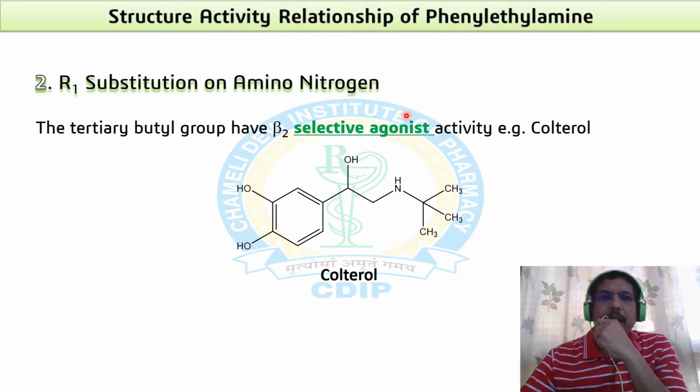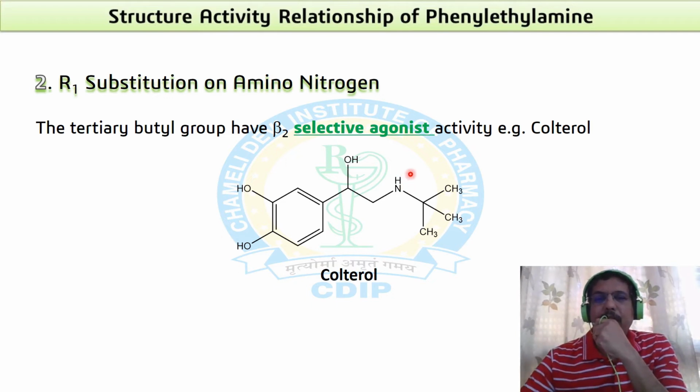Then the example of beta 2 selective that we already mentioned is salbutamol, and this is the structure. Look, this R is tertiary butyl, and the rest of the compound is similar to epinephrine or norepinephrine.